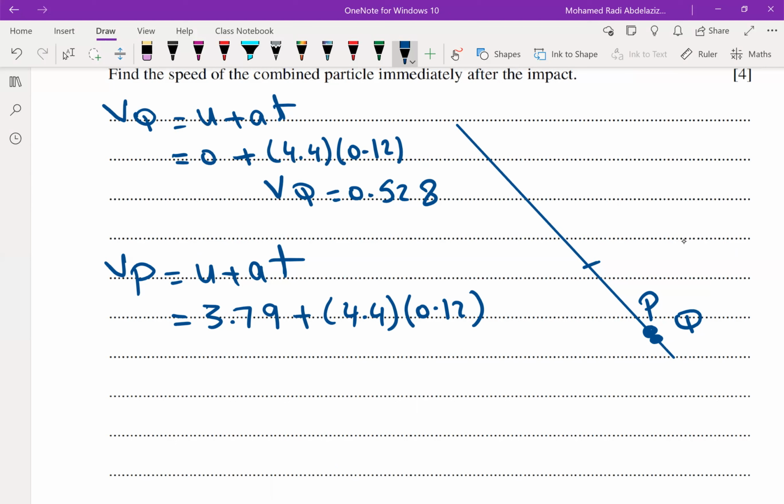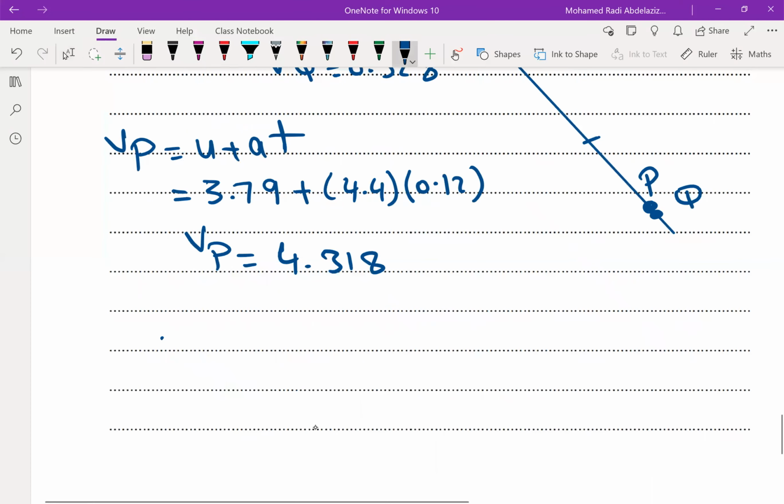So the answer for velocity of P is 4.318. This is the velocity before the collision.